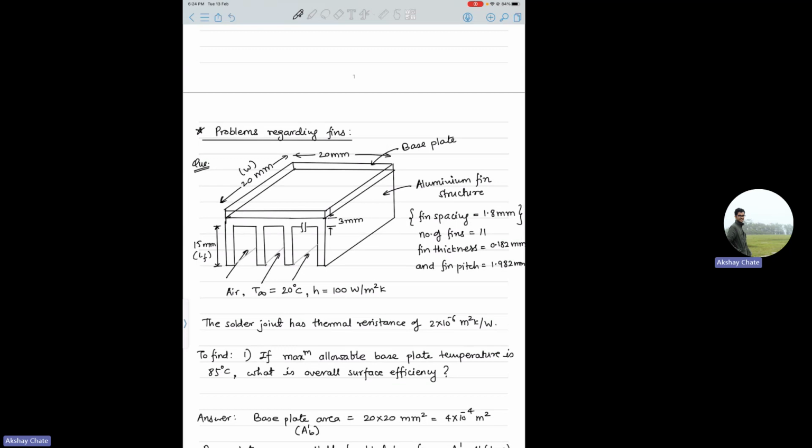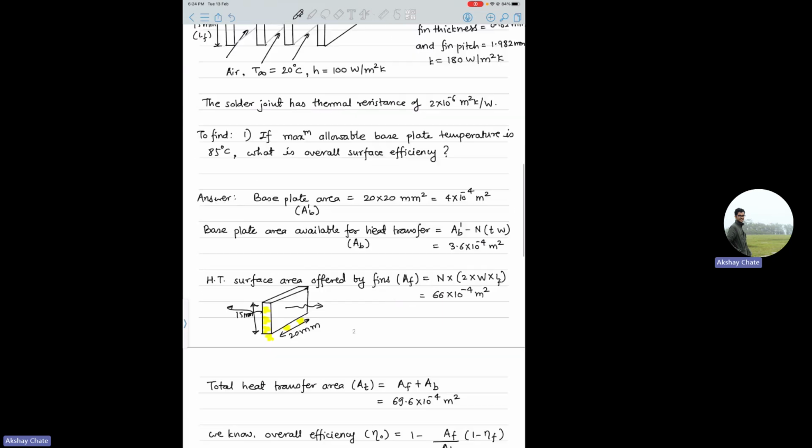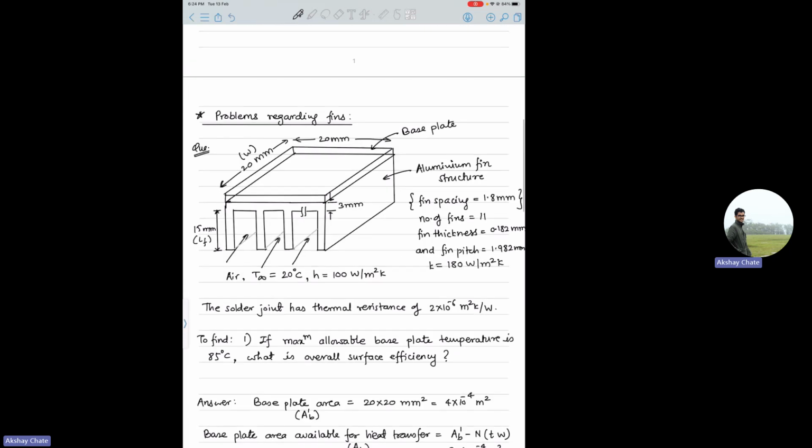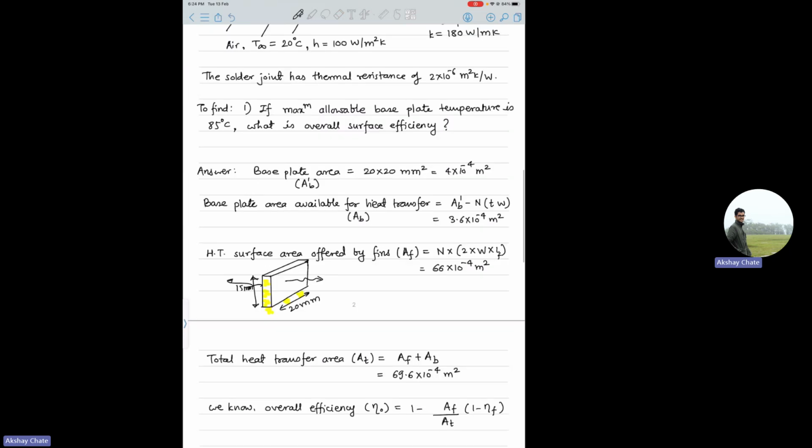So K for aluminium will be high, and the exact value is nothing but 180 watt per meter Kelvin, and that is the reason why we put aluminium fins, because they offer high thermal conductivity.